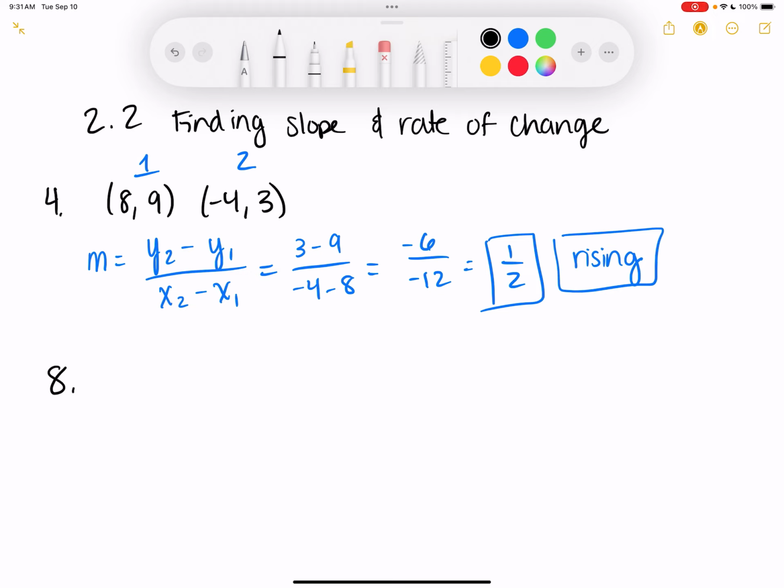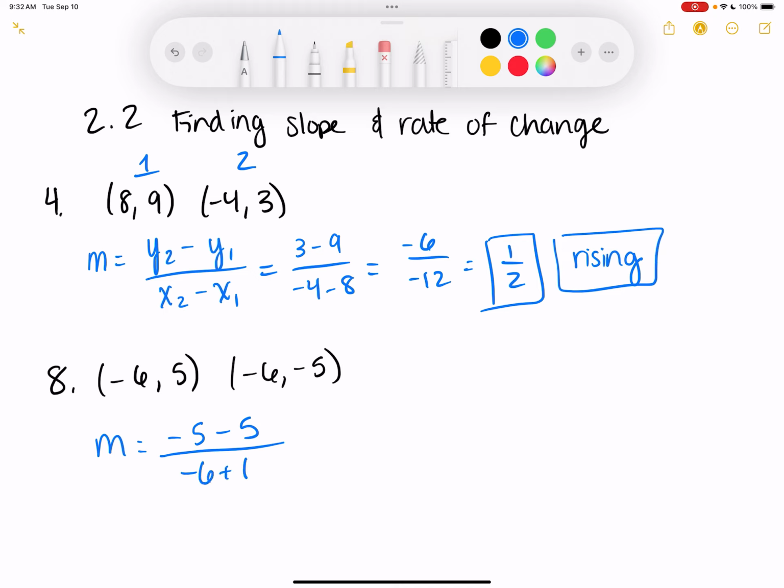Next, the point (-6, 5) and the point (-6, -5). So I've got negative 5 minus 5 over negative 6 minus a negative, so plus 6, equals negative 10 over 0, which is undefined, or vertical.